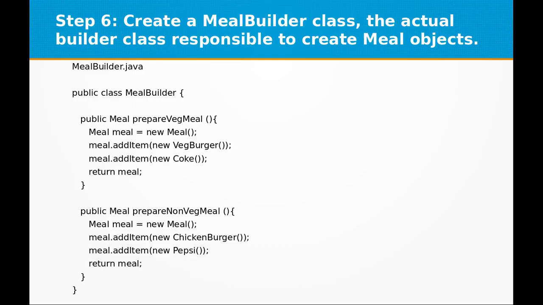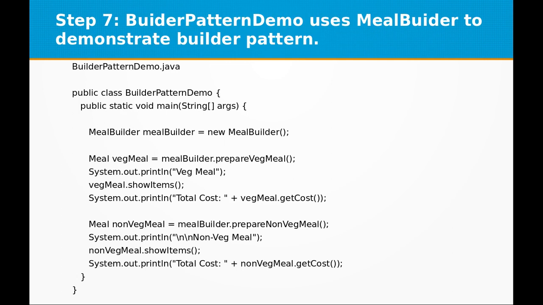This was step 6. Now let's move on to step 7, which is the last step in this video tutorial. In this step we are going to create BuiderPatternDemo, which uses MealBuilder to demonstrate builder pattern.